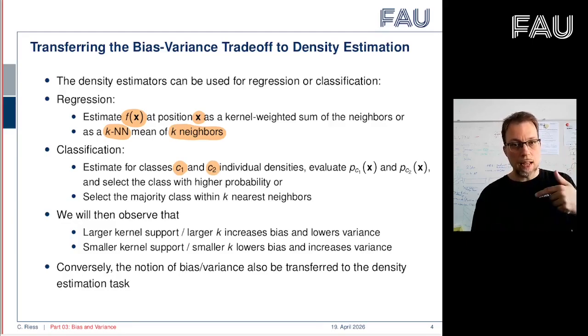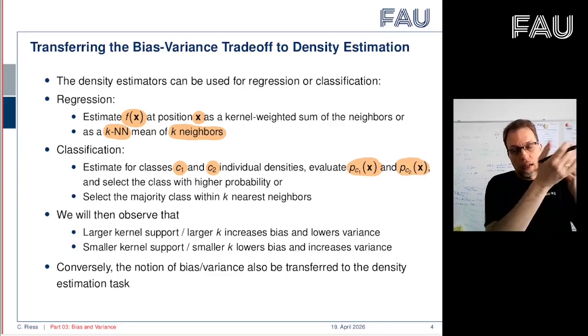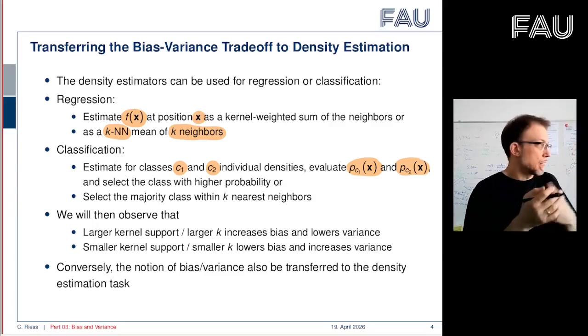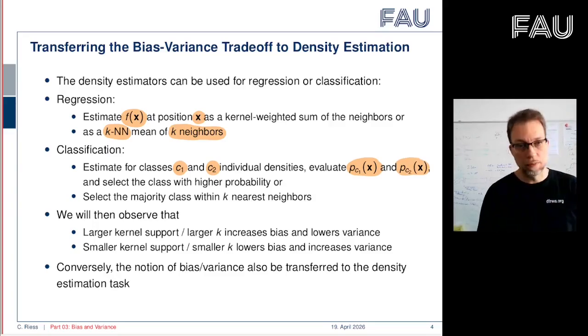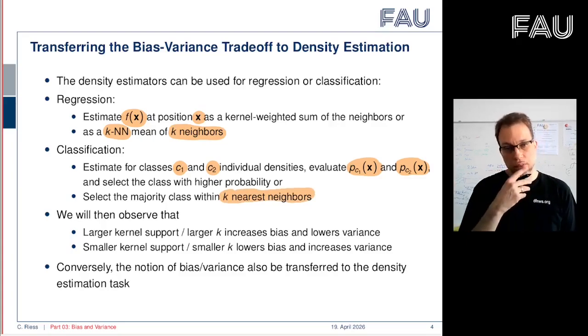And then at location x, we can return class 1 if class 1 has the higher density there, or class 2 if it's class 2. Okay. For the k nearest neighbor, it's even simpler. We just look at the k closest data points, check out their class labels, and do a majority vote.